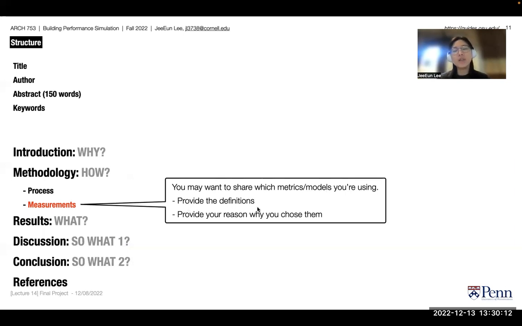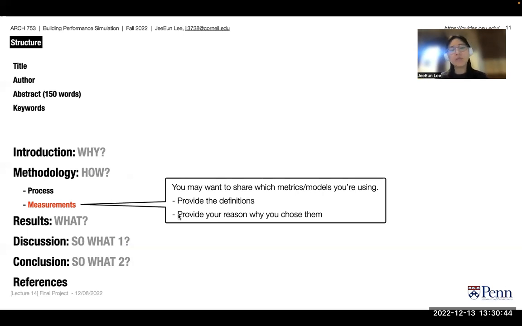And then here you may want to provide some definitions or give some references. And here, I think it's fair enough if you just rephrase what you can find from my lecture slides, but maybe in reality, you need to cite the original paper. Like maybe Fanger published a paper about PMV and PPD, how he developed it and what the values are.